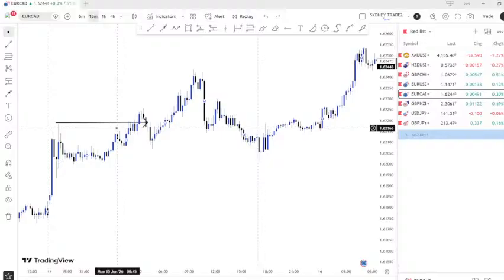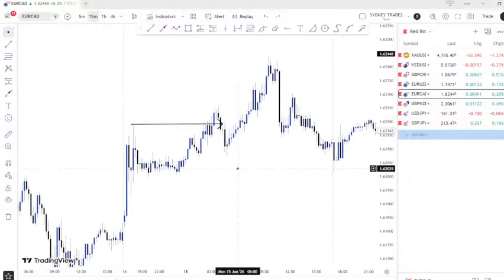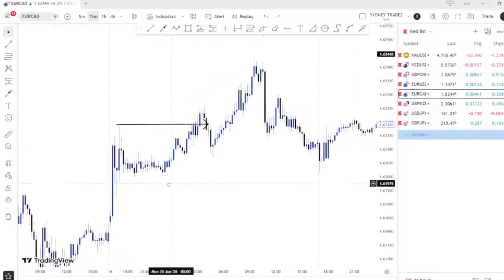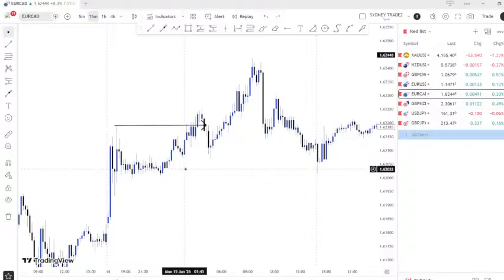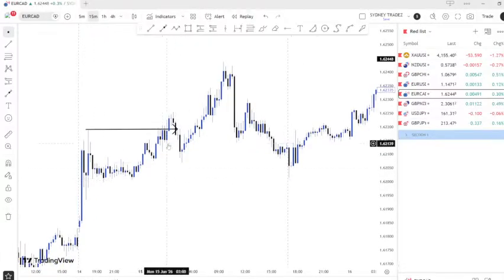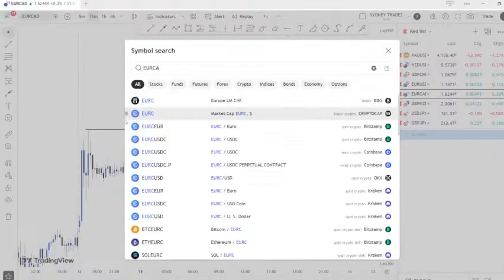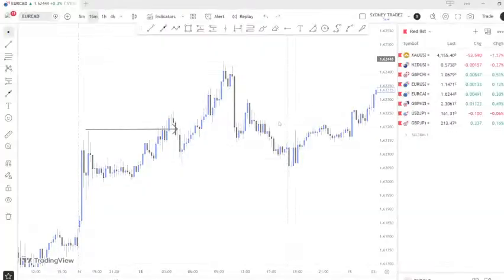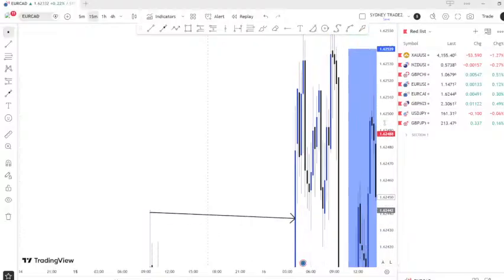I always tell you something that I know most people don't listen to, but it's the best advice that I always give to my people: always make sure that you have a very good broker. As we were trading EURCAD, I see that this is EURCAD of Oanda.